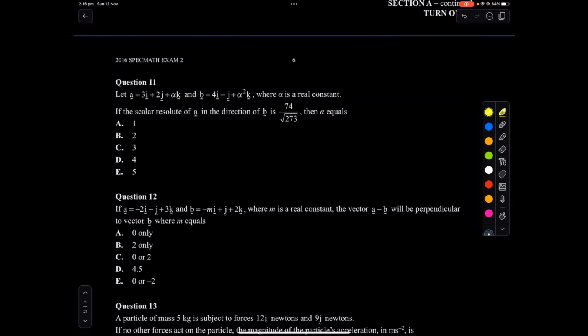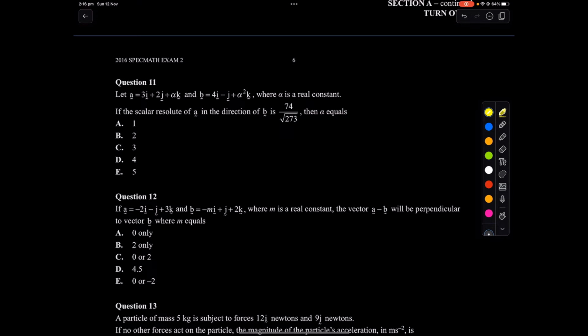Question 11 states, let the vector A be this and B be this, where alpha is a real constant. If the scalar resolute of A in the direction of B is given by this, then alpha is equal to what? Now, this is a nice, beautiful question. You should know the formula for a scalar resolute.